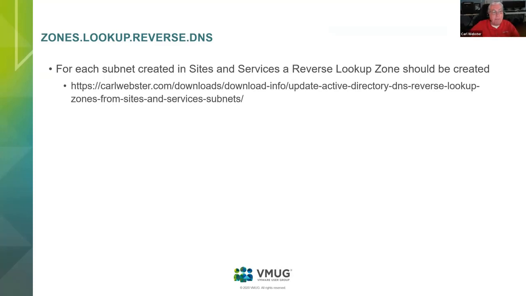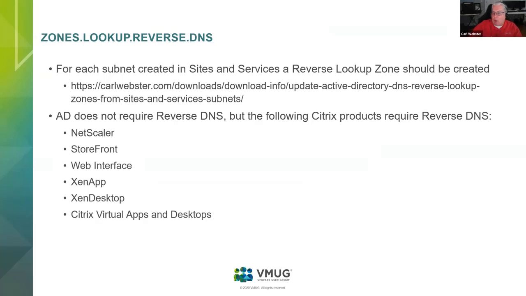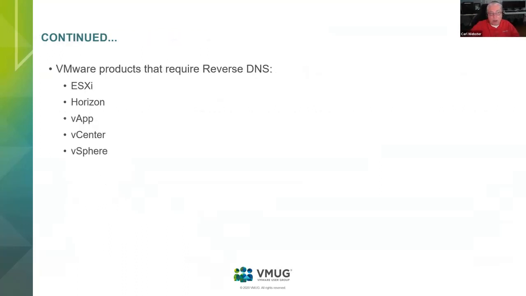Now, one thing, Active Directory does not require reverse DNS. Active Directory can work from here to the end of time without reverse DNS, and you'll never have an issue. But if you use any of these listed Citrix products or any of these VMware products, they require reverse DNS.